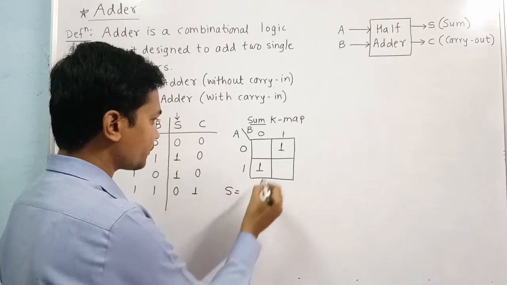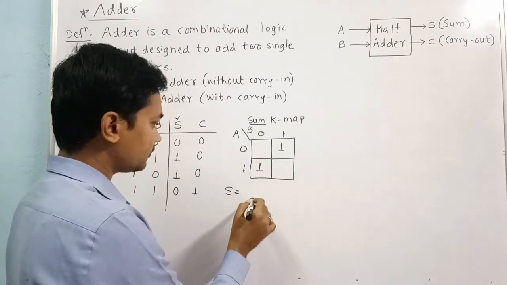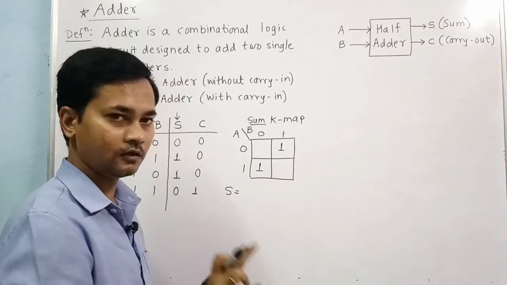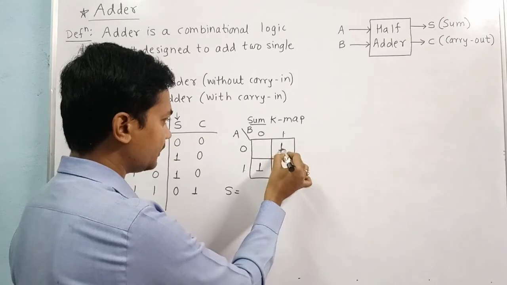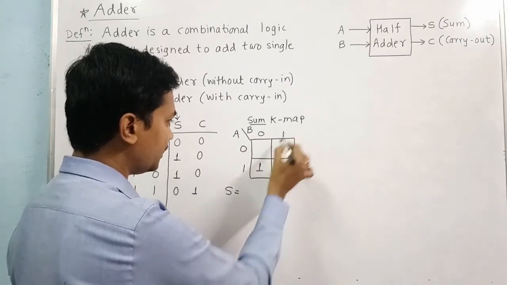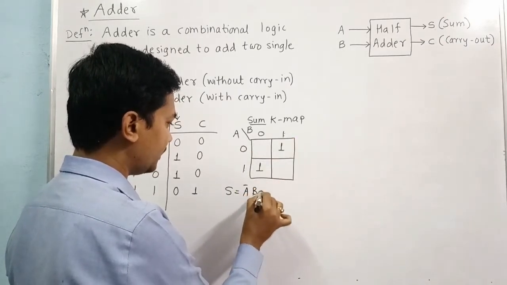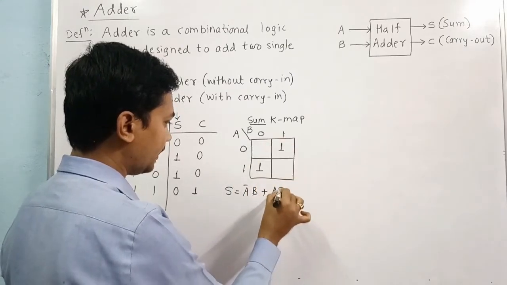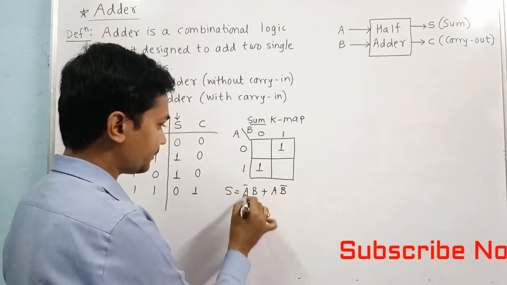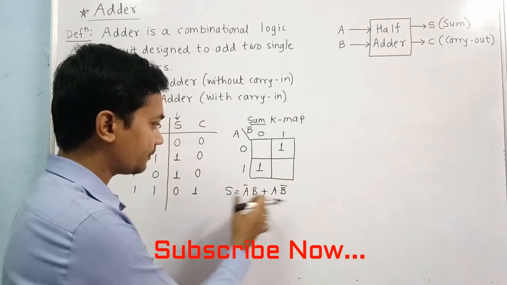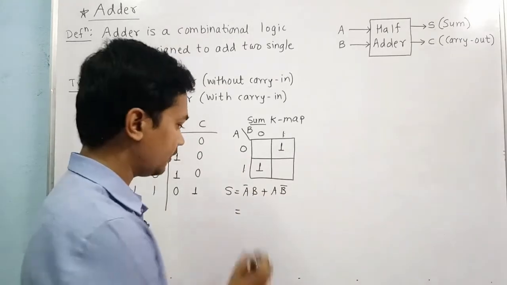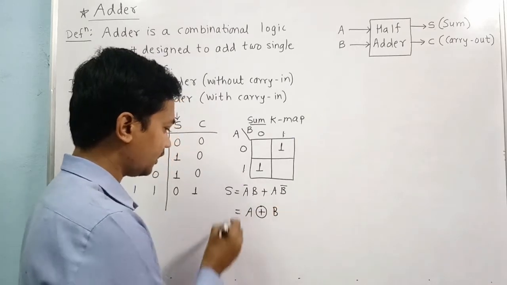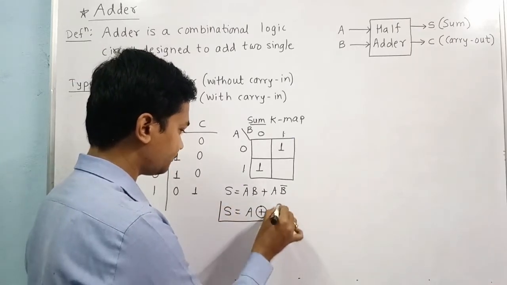Sum is equal to, we write the complemented variable for 0 and the normal variable for 1. So here, A bar B plus A B bar. From this expression we know that this is the expression of an XOR gate, so we can simply write A XOR B.